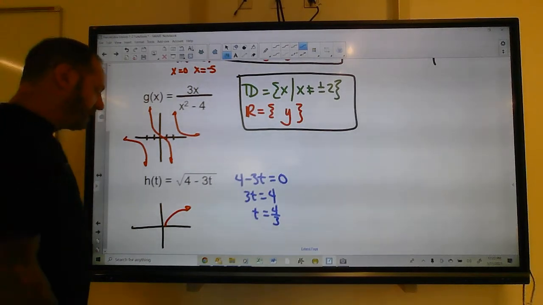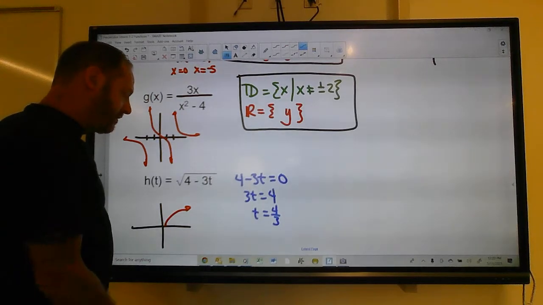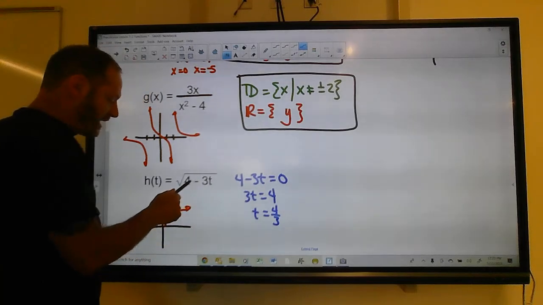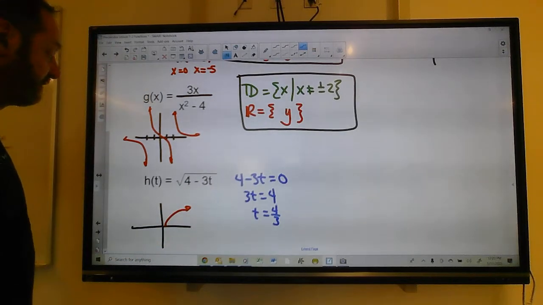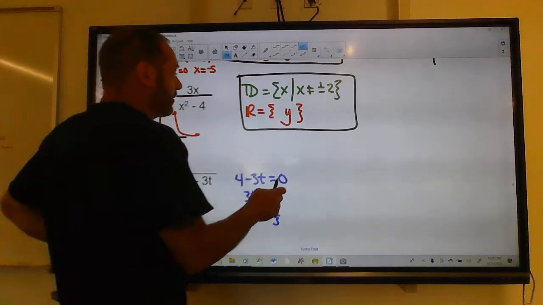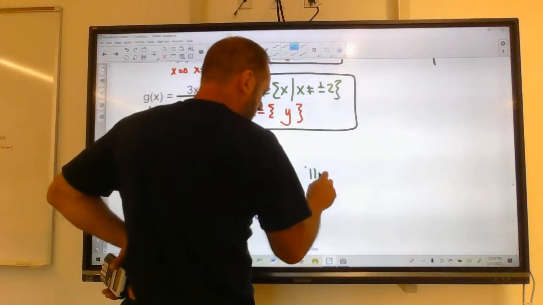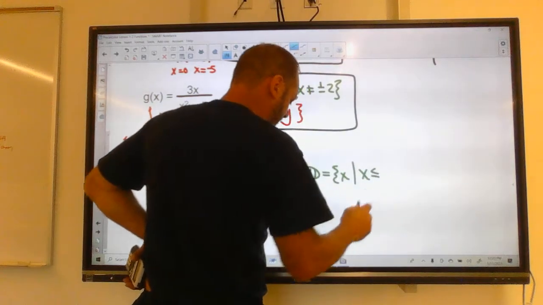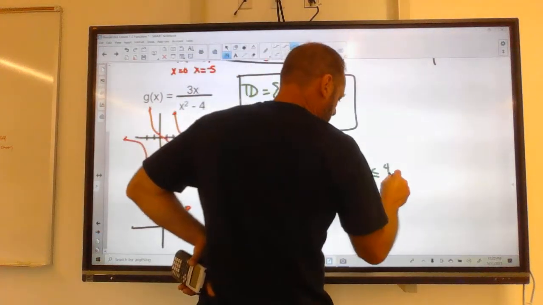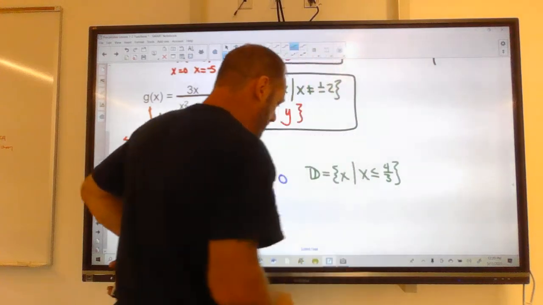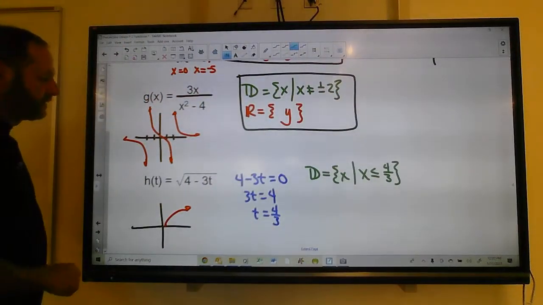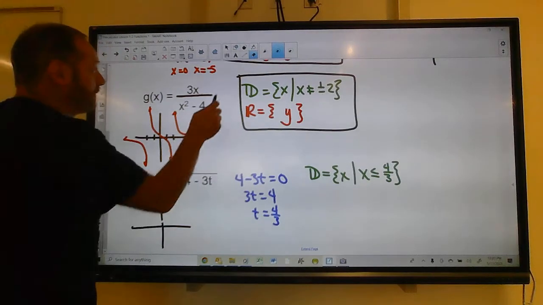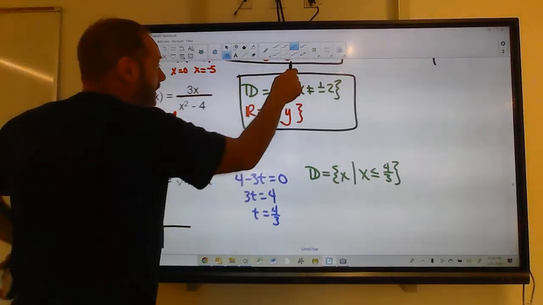Now, if a number is bigger than 4/3, that means this is more than 4, and that means that I'd be square rooting a negative number. Okay, so my domain on this is going to be all the x's where x is less than or equal to 4/3. So this actually is not going to look like this. It's actually going to look like this.